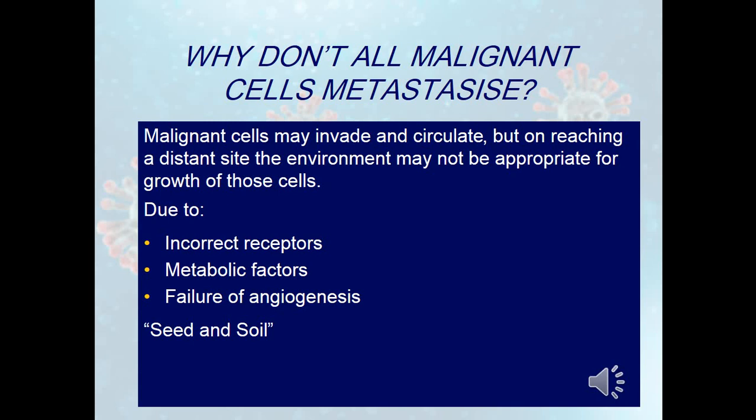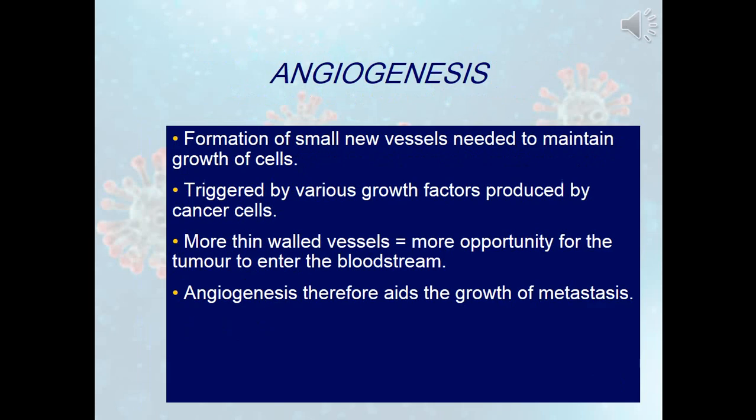Now, if the tumor cells, for example, fail to recruit an adequate blood supply, then they will not grow. So angiogenesis, which is the process of formation of small new blood vessels needed to maintain growth of cells, is very vital to the survival of the malignant cells distant from the primary site of their origin.